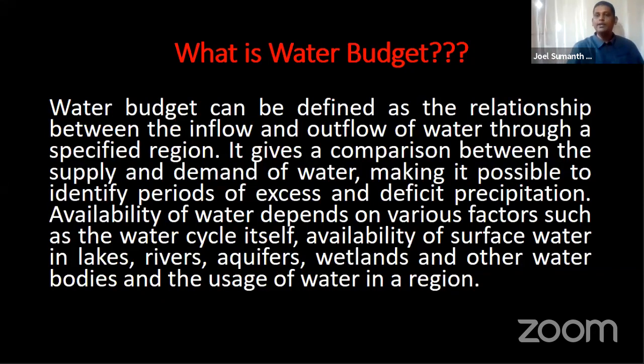And how we calculate this water budget and how we allocate is a process of water auditing. So you look at these two concepts in tandem. We look at water budgeting and then we look at water auditing. Water budgeting is identifying the amount of water available and the amount of water leaving a system or an ecosystem.